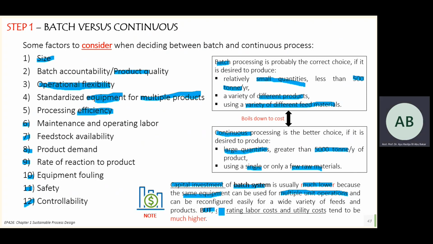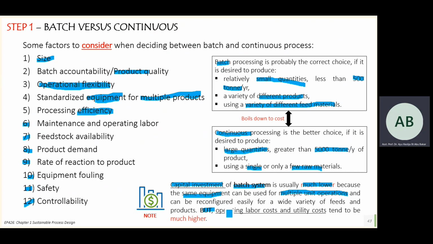But operating labor cost and utility tend to be much higher because, for example, fermentation process, you put in all your feed, your raw material, your microbes, then reaction occurs over there. In that particular bioreactor, you can collect your biofuel, your gases, product.